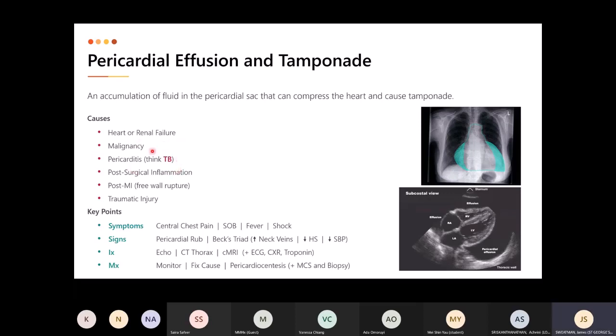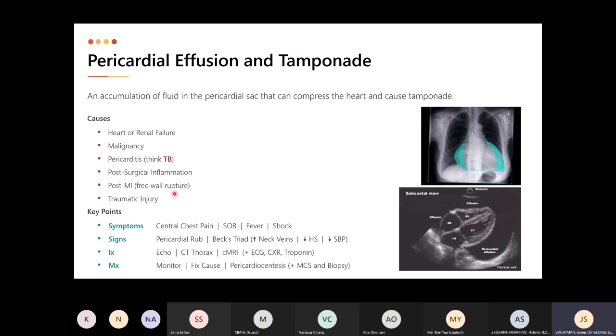Pericarditis, and what's been handed over to me is always think about TB if you have a pericardial effusion with pericarditis. And if you do a pericardiocentesis, take a sample and a biopsy to look for infection and to look for TB. Very common post-CABG or post-cardiac surgery because of all the inflammation, and post-MI, which is what this guy had.